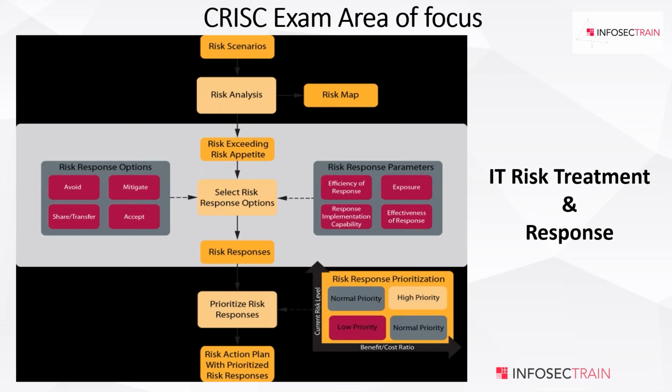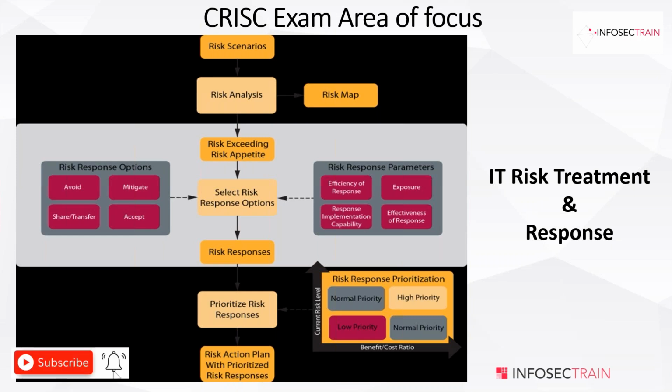Avoid means avoiding that business activity. Mitigate means implementing certain controls so that we can bring down that risk rating within our risk acceptance levels. Share or transfer, further we can just buy insurance, paying a certain premium, so that we can share or transfer that risk, so that if it gets materialized, we need not pay all the money or take all the hit.